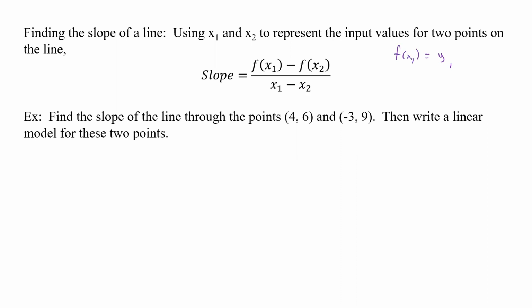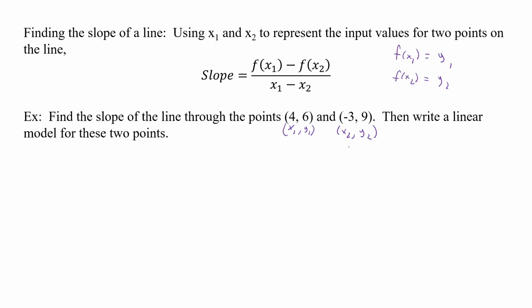So what is the output after we plug x1 in? That's just y1. So this is x1, y1. And then f(x2) is really just y2, because that's the output after we plug in x2. So we can say this is x2, y2.